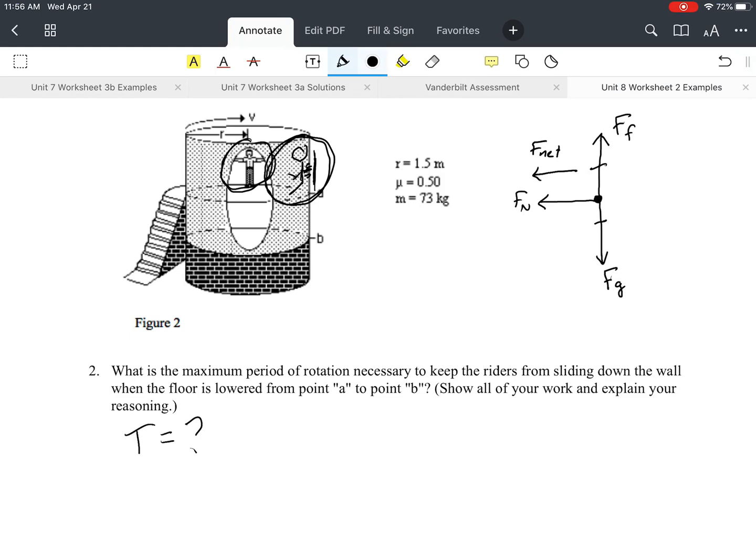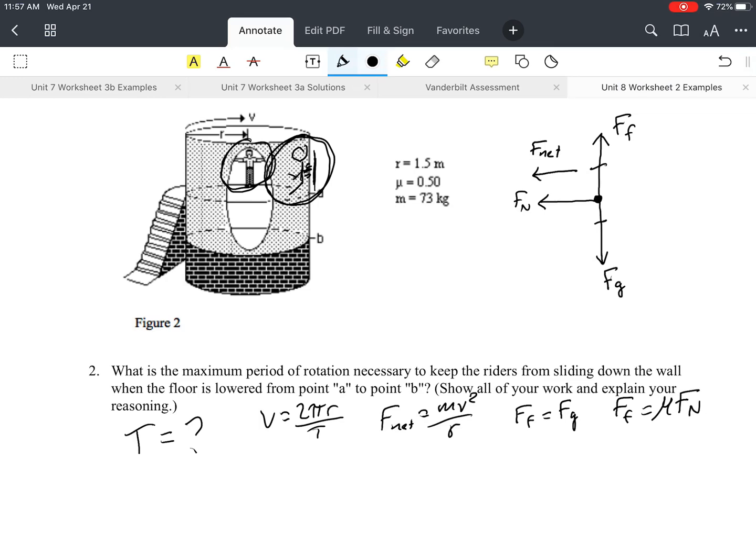And a couple things to keep in mind here. We know that v is equal to 2 pi r over T. We know that F net is equal to mv squared over r. And we also know that Ff and Fg are equal to each other. And we also know that Ff is related to the normal force by the coefficient of friction times Fn.